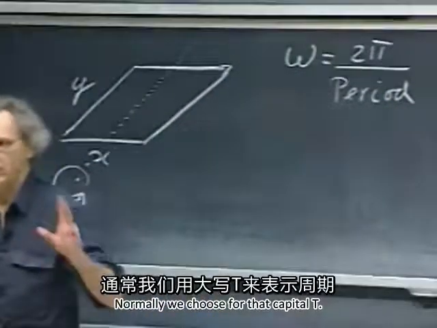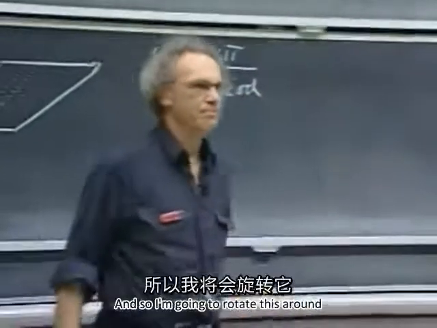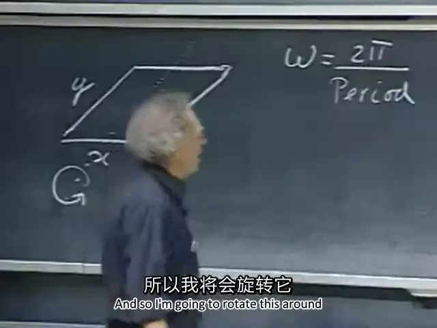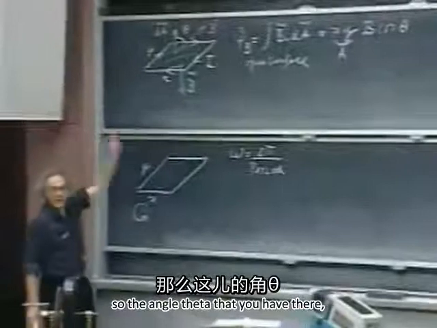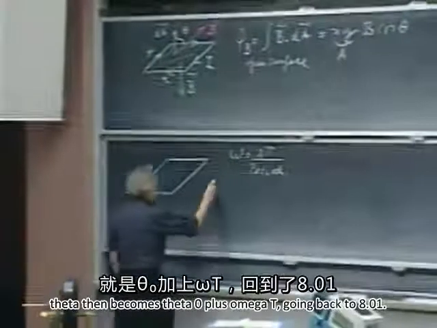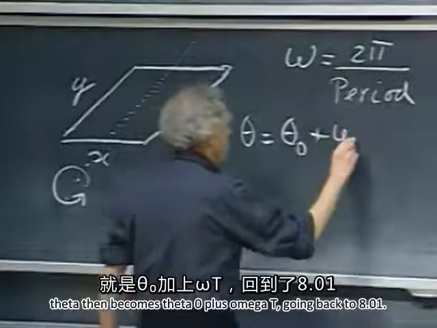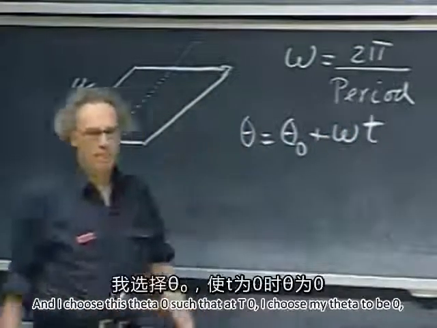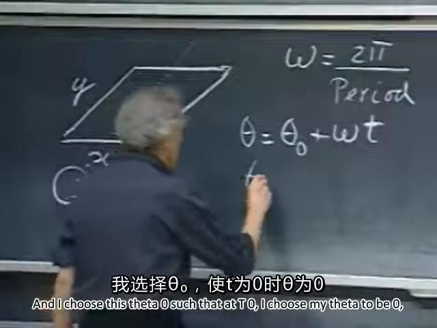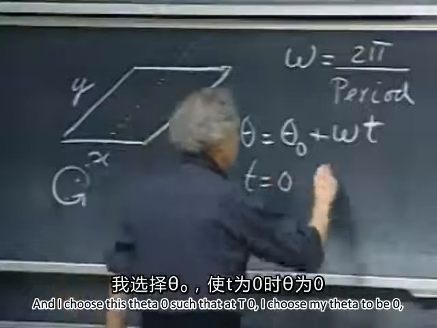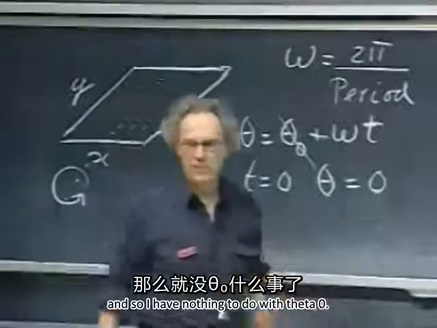Normally we choose for that capital T. I don't want to do that today because T can confuse you with Tesla. And so I'm going to rotate this around. So the angle theta that you have there, theta then becomes theta 0 plus omega t, going back to 8.01. And I choose this theta 0 such that at t equals 0, I choose my theta to be 0. And so I have nothing to do with theta 0.